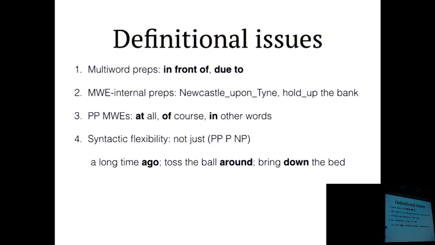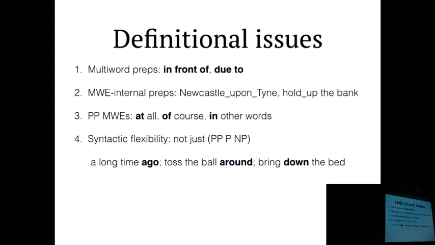So there's the word ago, which actually follows the noun phrase that is obligatory. There are intransitive words like around, like toss the ball around. It doesn't have a noun phrase after it, but it has a spatial meaning in a similar sense to walk around the park.